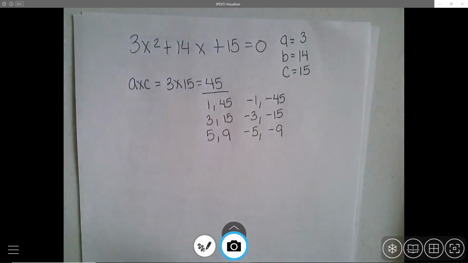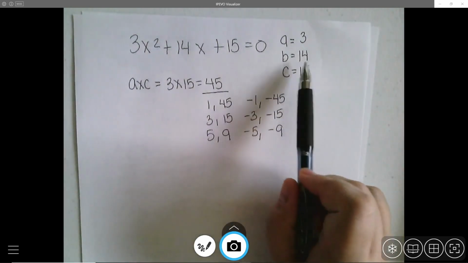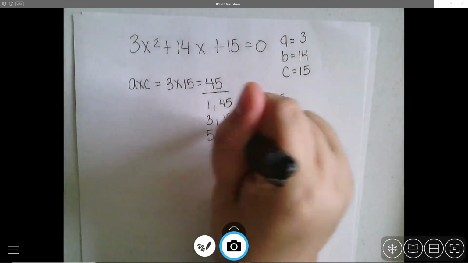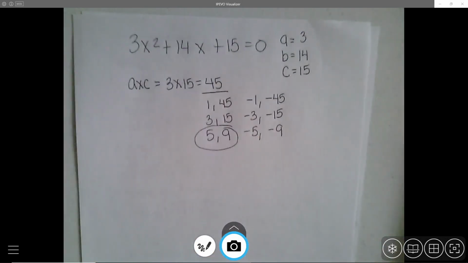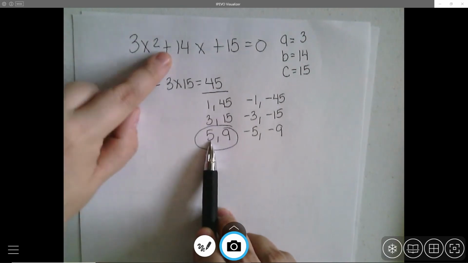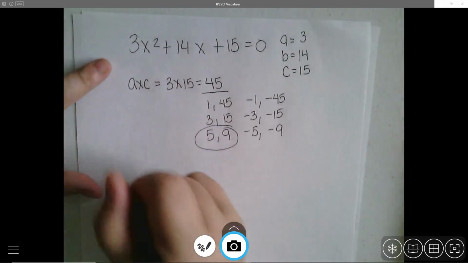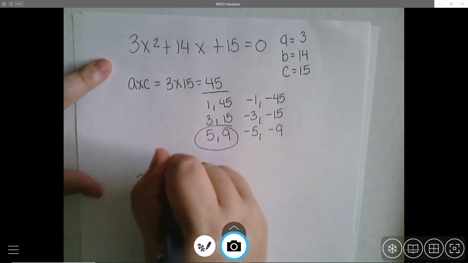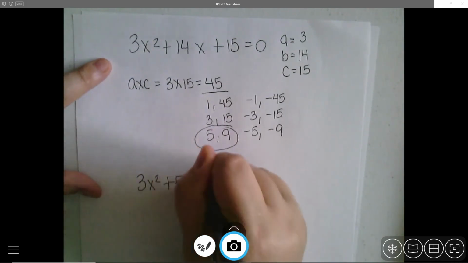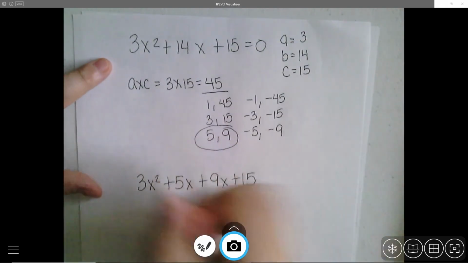Okay, now I'm looking for which set of factors gets me to my B. Which set of factors gets me to 14? 5 and 9. I'm going to take that 5 and 9 and I'm going to split this 14x into a 5x and a 9x. So 3x squared plus 5x plus 9x plus 15.